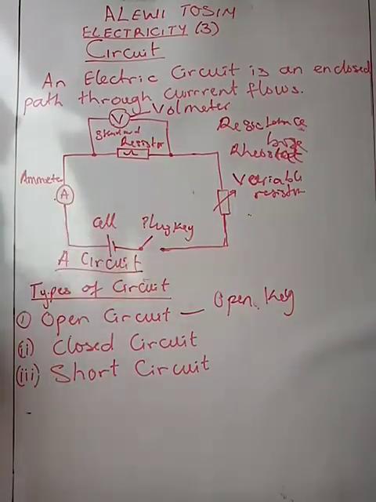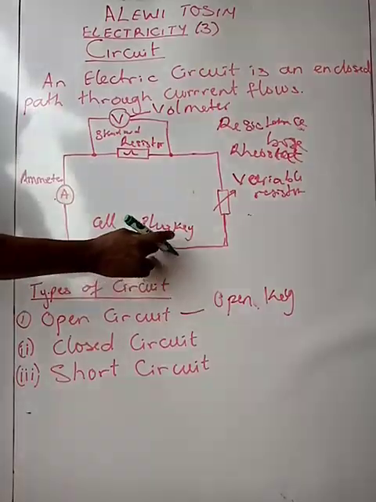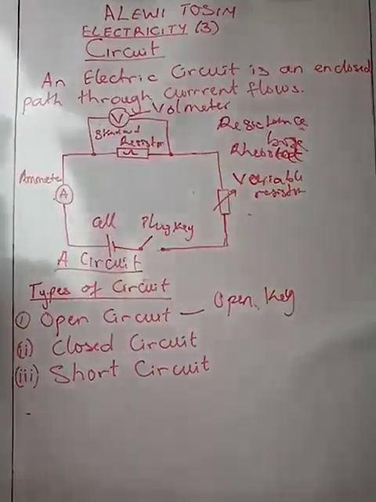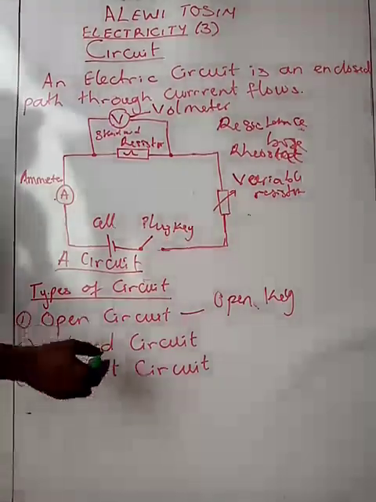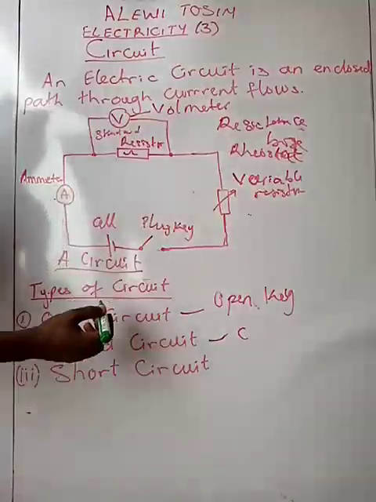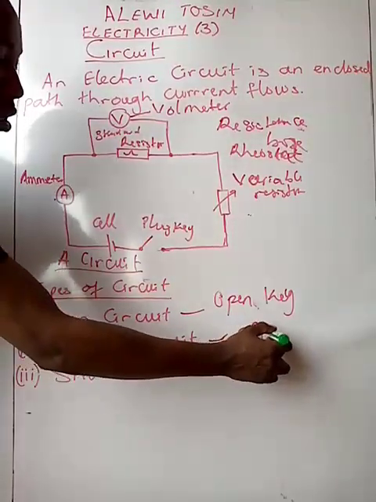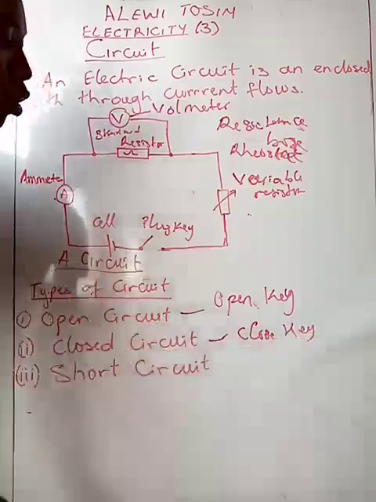But when it is closed, that means it is connected back, so there is flow of current. We call this a closed circuit, when there is no gap, when the gap is closed.